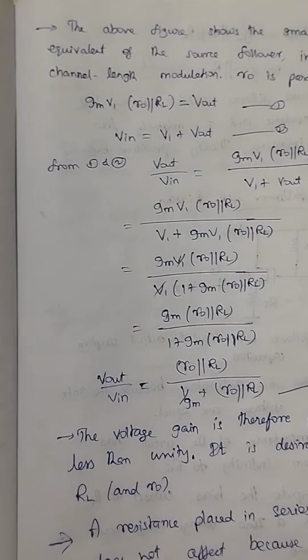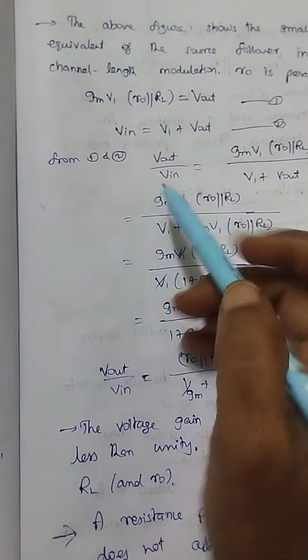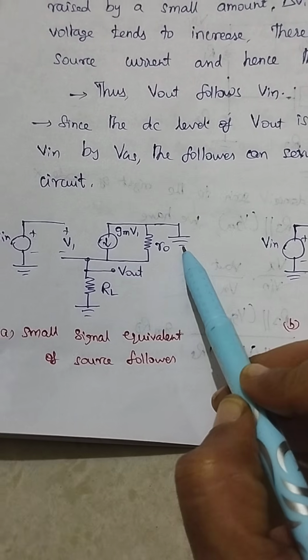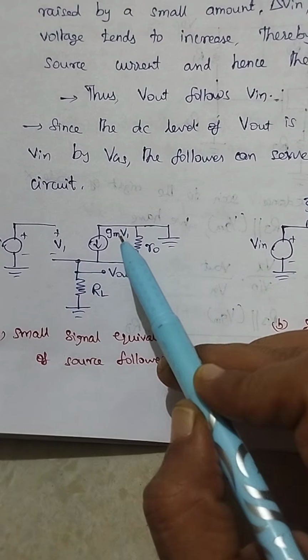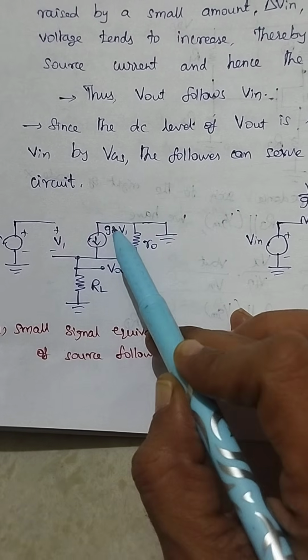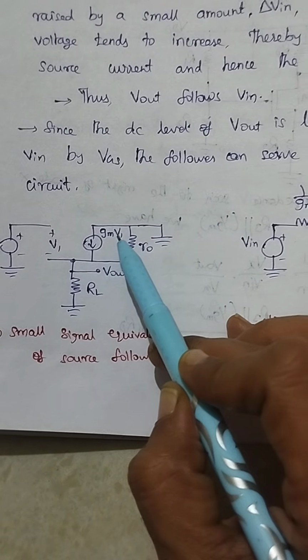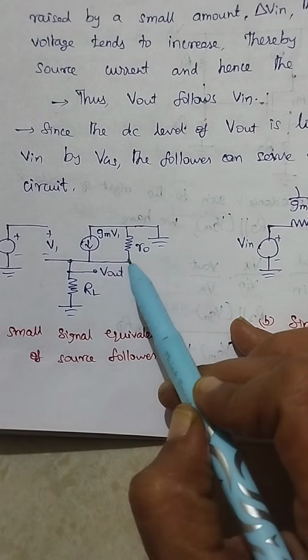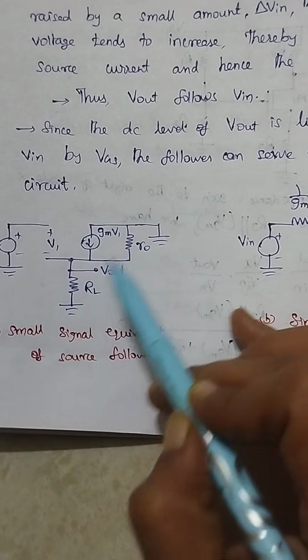Now we are going to calculate the gain. To find gain we need the output voltage and input voltage. So what is our output voltage? Vout equals I into R. What is the I here? I is nothing but this current source, GmV1. And what is our resistance? The resistance is the parallel of these two resistances, R0 parallel RL.